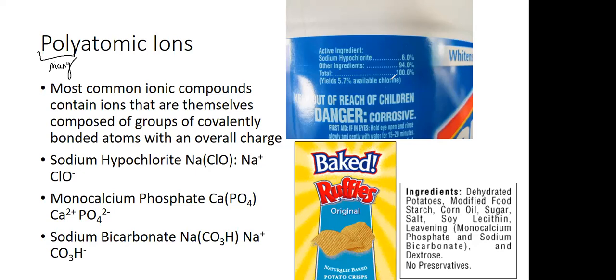If we look at an example for bleach, the active ingredient of bleach is sodium hypochlorite. We'll learn next week how to read the word hypochlorite and figure out what that means.